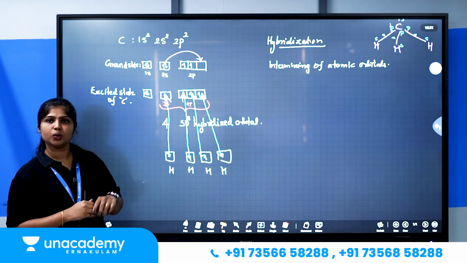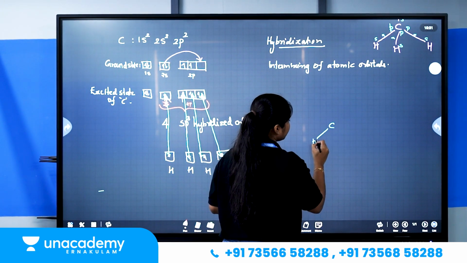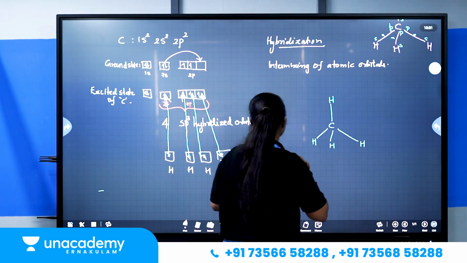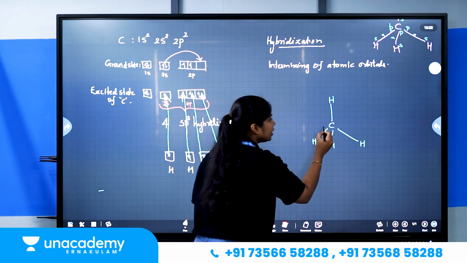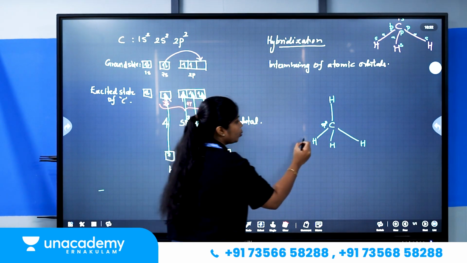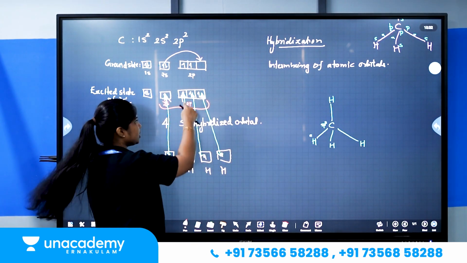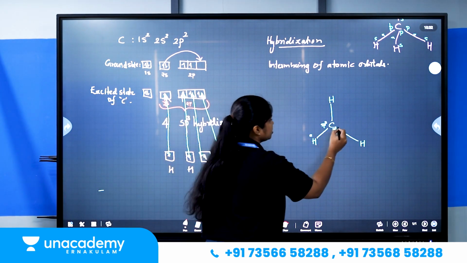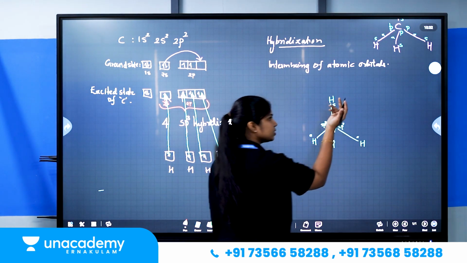Now let's redraw the structure of CH4. So carbon, hydrogen. See, the first bond is formed by the overlapping of the sp3 hybridized orbital of carbon with the s orbital of hydrogen, and same for the next overlapping also, sp3 with s, sp3 with s, sp3 with s.